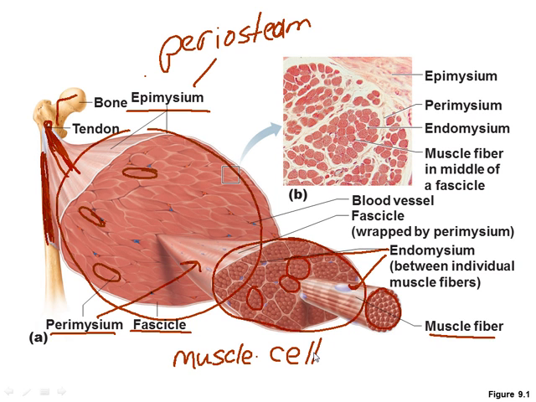A muscle fiber is a muscle cell. So you have your muscle that's got an epimysium around it. Each muscle is a bundle of fascicles which have a perimysium around it, and each fascicle is filled with muscle cells which are surrounded by an endomysium.